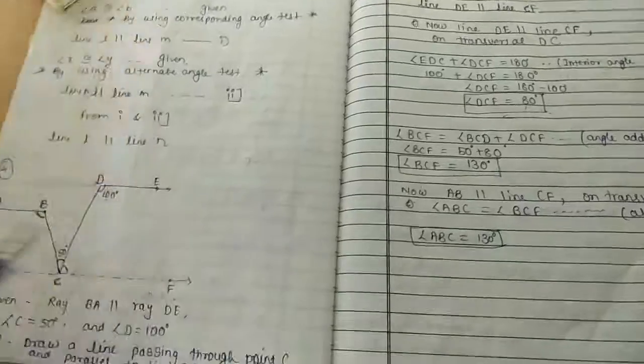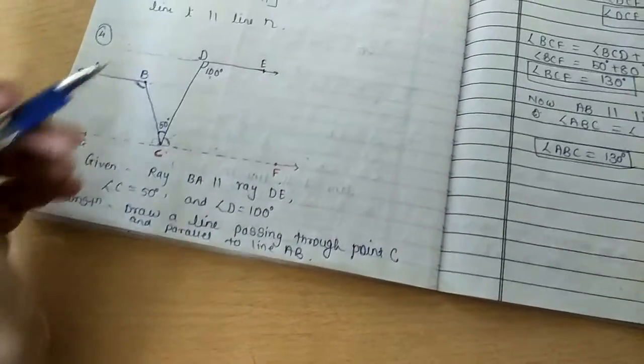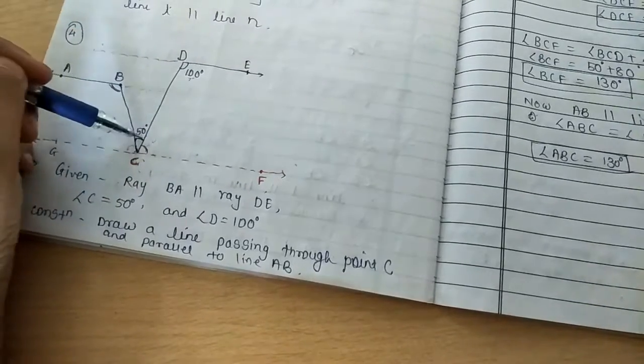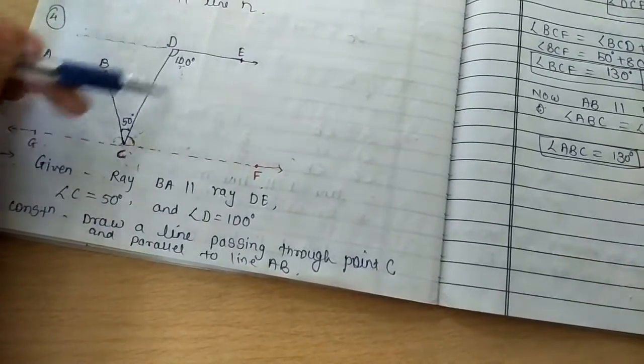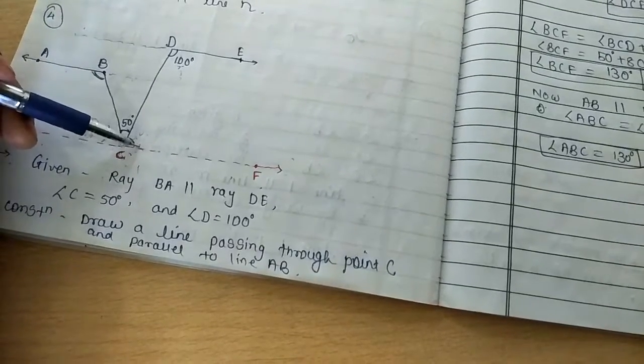Done. Now why do we need to find this angle DCF? We have to find this angle, and the measurement is given related to this angle and this angle. If we find these two angles, we know this is the interior pair angle, and then we will get the measurement of this angle.